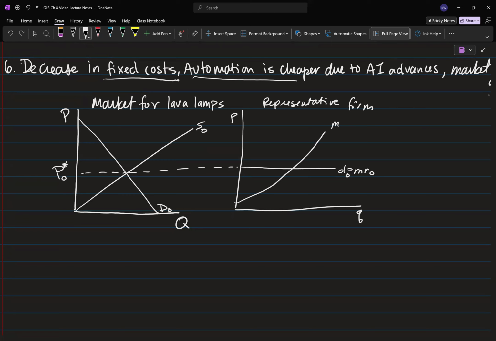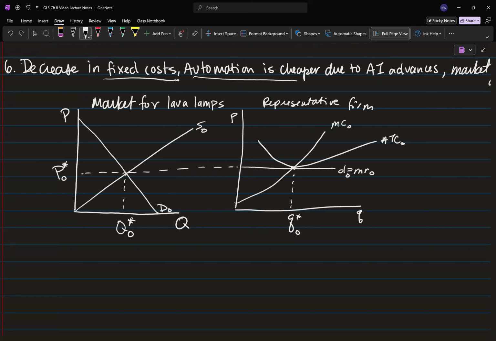We'll have an upward sloping marginal cost curve, and its intersection with marginal revenue defines how much the firm produces. And then because this market is in long run equilibrium, average total cost has its minimum where it is tangent to the marginal revenue curve, where it intersects marginal cost. Okay. And then lastly, we just need to draw in the equilibrium quantity in the market.